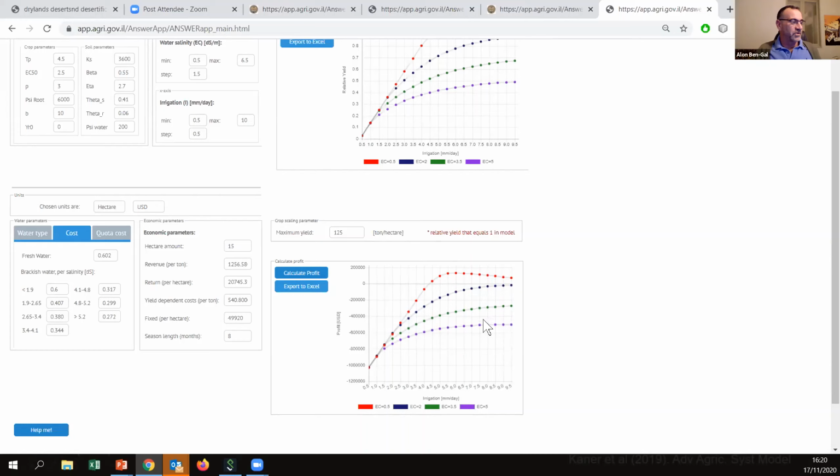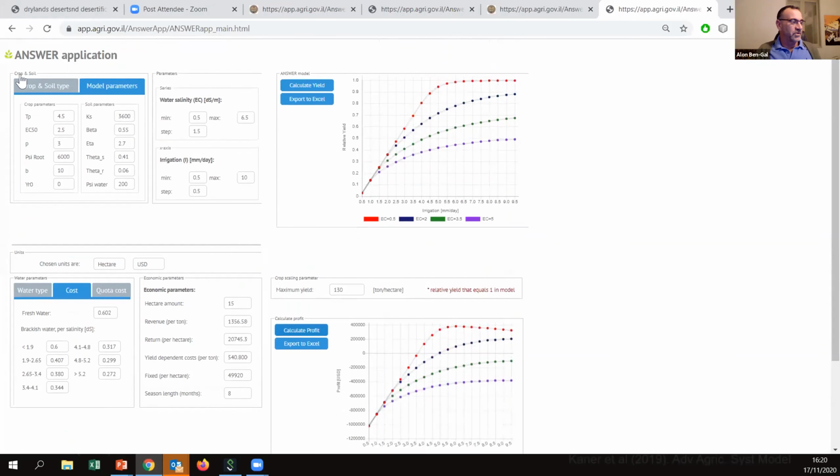And this kind of tool also lets the farmer look at how sensitive we are, let's say to yield, or to the price of the peppers, and what he expects can happen, and maybe he can use lower quality water and still make a profit in spite of the first prediction that we saw.